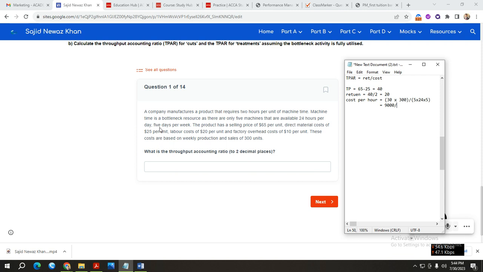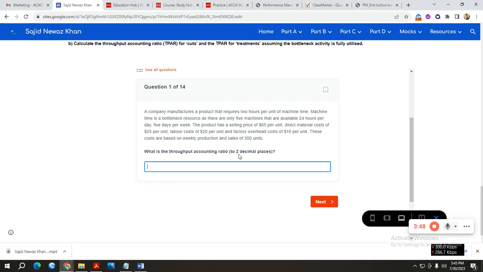That's around 600 hours. So our cost per hour basically is 15. So throughput accounting ratio is our return per hour, which is $20, divided by cost per hour, which is 15. So that is about 1.33. So 2 decimal places, 1.33.